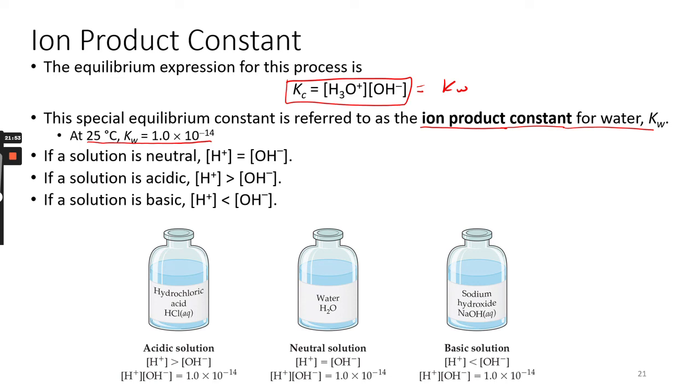If your solution is neutral, then your concentrations of H plus and OH minus are equal to each other, and they would each be 10 to the minus 7. If your solution is acidic, your concentration of H plus has to be greater than your concentration of OH minus. And if it's basic, then your H plus will be lower than your OH minus.